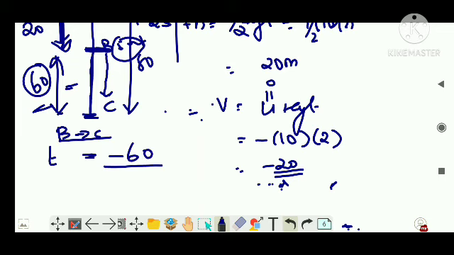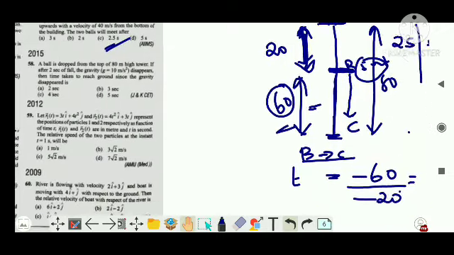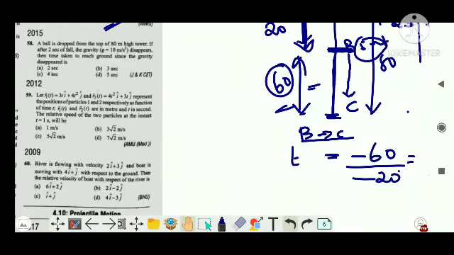It is falling down. Then with how much velocity? 20. So it is how much seconds it reaches? 3 seconds, right? So after gravity is lost, the ball will take 3 seconds to reach ground. That's a very good question, right? Clear?